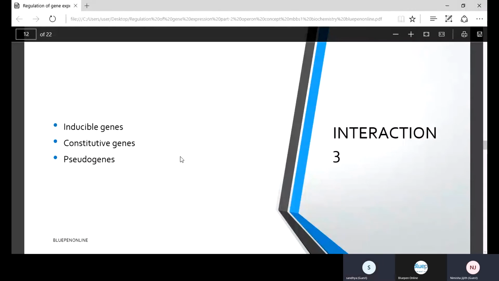Here, in the inducible gene concept, the beta galactosidase enzyme is expressed only in the presence of lactose. We are entering into the lac operon concept.